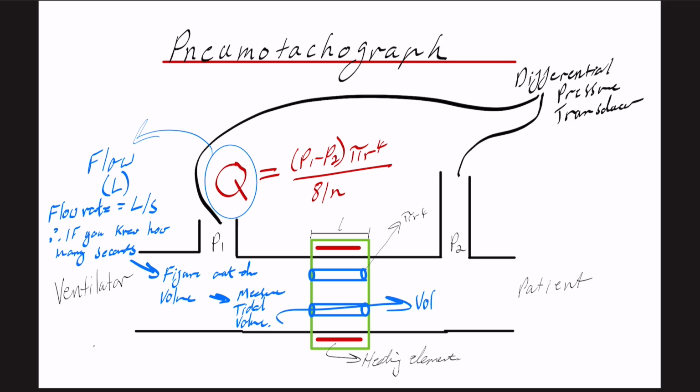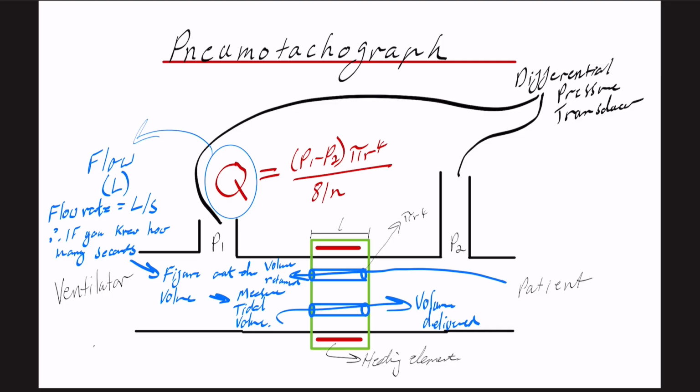Because all you're doing is timing the time that you're measuring the pressure changes on either side. And then because you measure that time, you then know exactly what volume. For example, if your flow is 1 liter a second, then you would expect that if you measure it for 3 seconds, you would have 3 liters of volume.